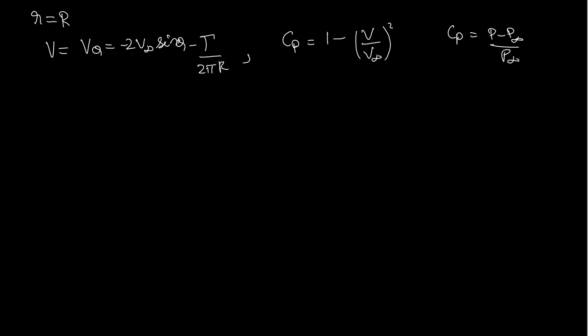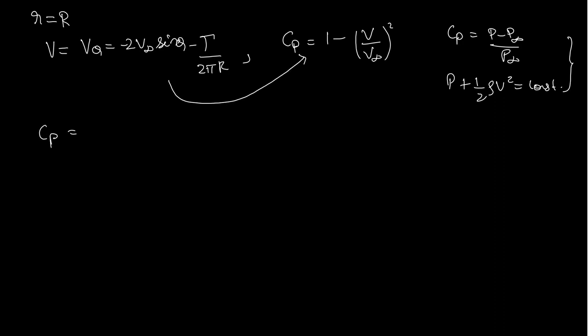We can just use Bernoulli's equation: p plus half rho v square is a constant. So if we use these two equations, we can get Cp to be 1 minus (v over v infinity) square, and if we substitute v in this equation, you'll get a very long expression.